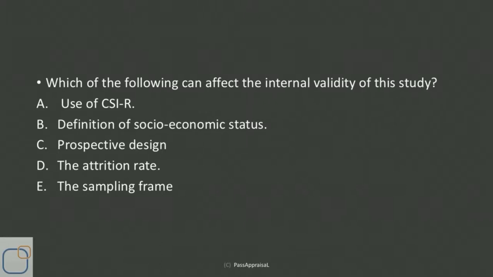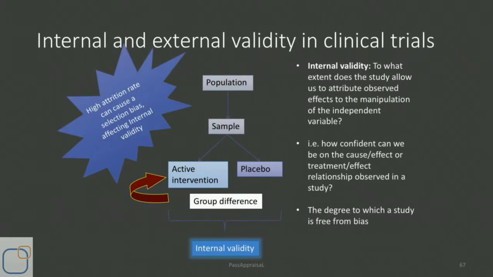Which of the following can affect internal validity of the study? Use of CSIR, definition of socioeconomic status, prospective design, the attrition rate, the sampling frame. Now let's see what internal validity actually means. There are two types of validity that you can infer from a clinical trial, internal and external validity.